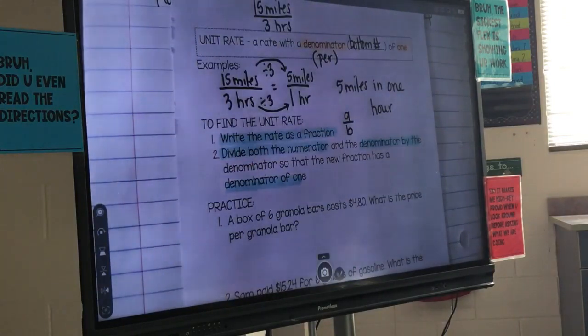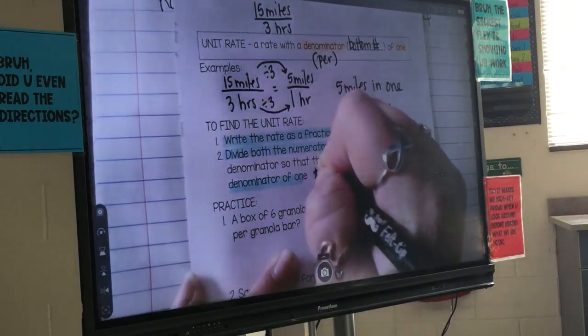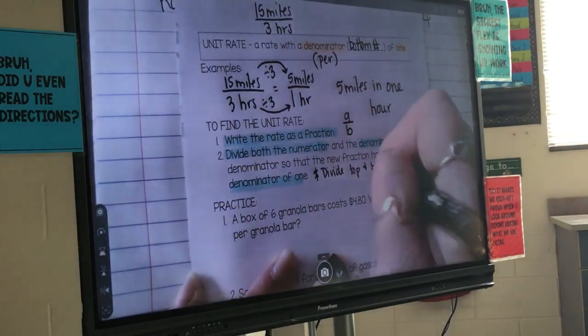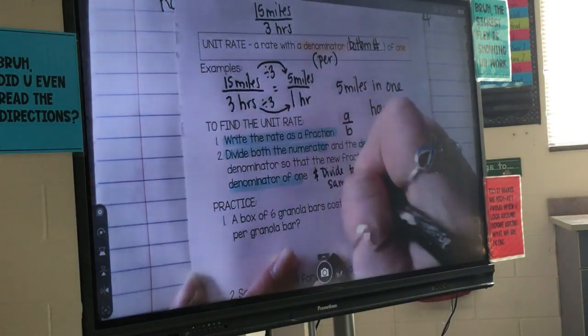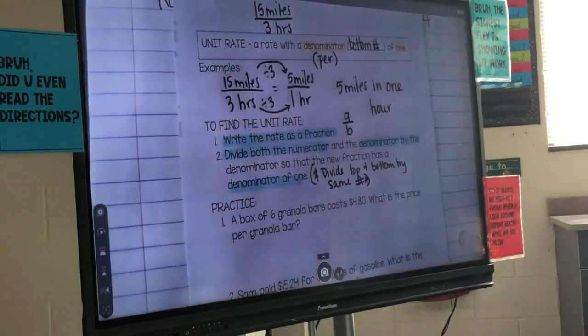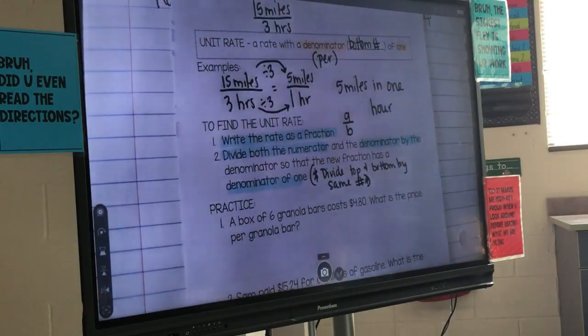So if you want to make a note here, divide top and bottom by same number. That's kind of the same thing as what step number 2 is saying. All right, thumbs up when you are ready to move on.